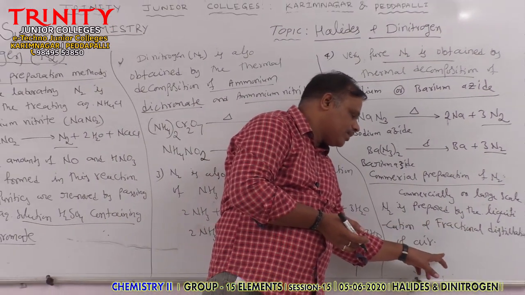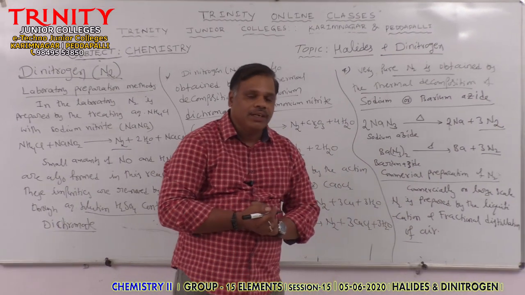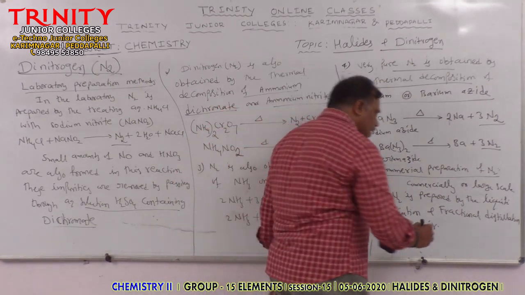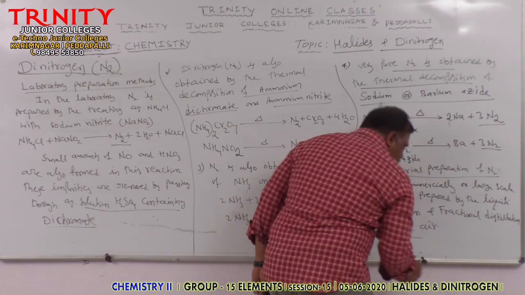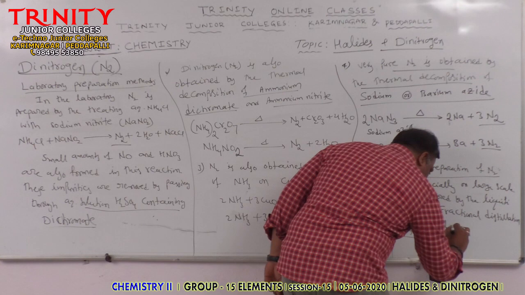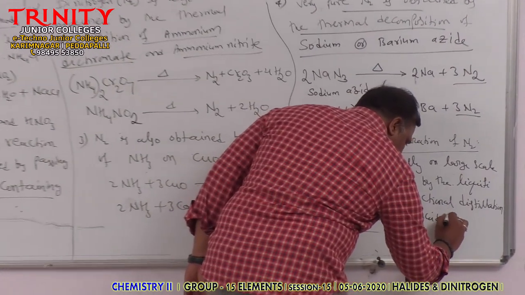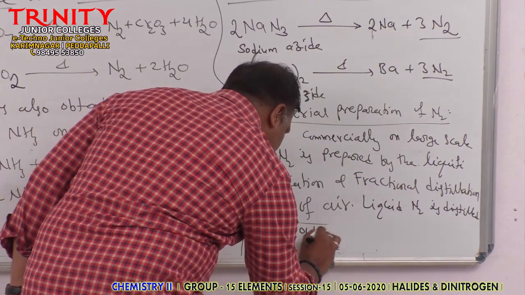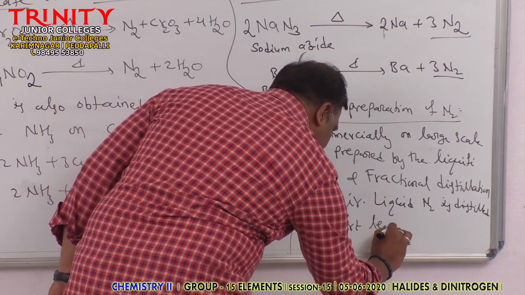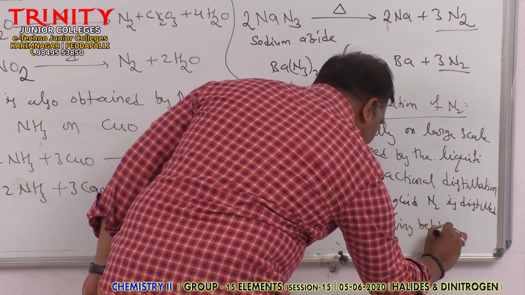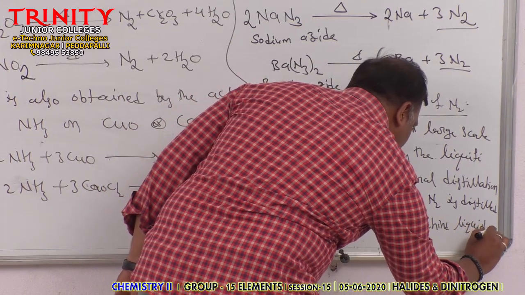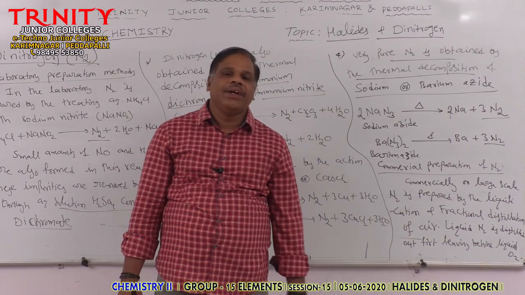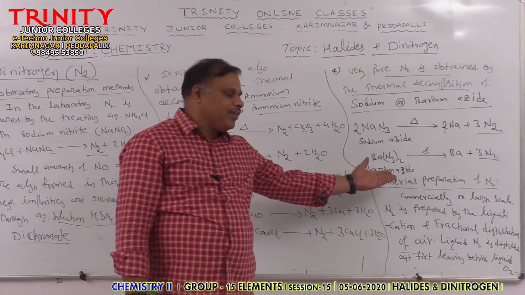Nitrogen boiling point is 77.2 Kelvin, hence liquid nitrogen distills out first, leaving behind liquid O2, because O2 boiling point is 90 Kelvin.